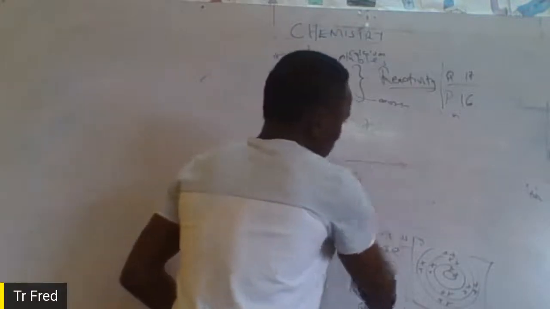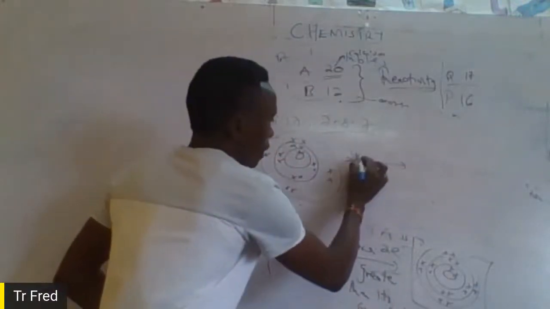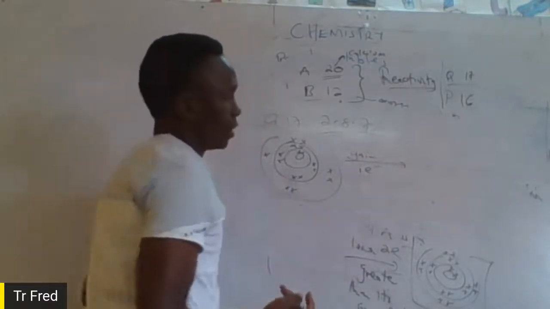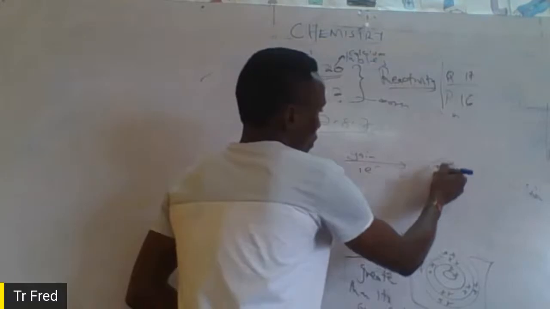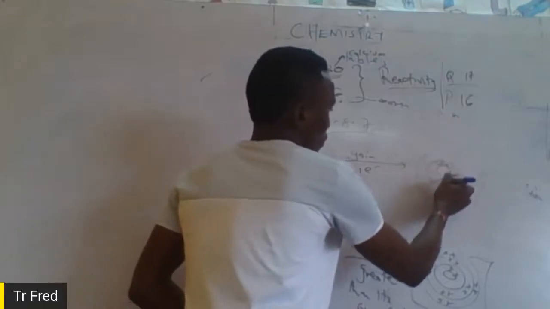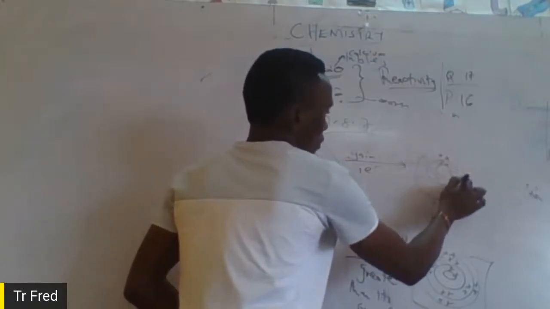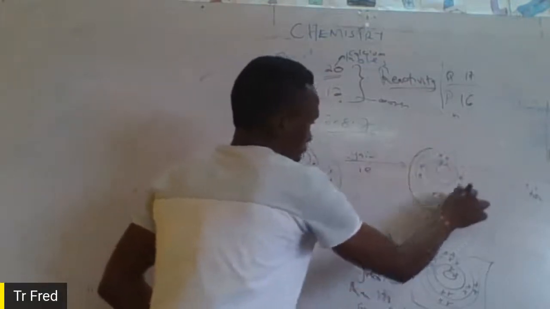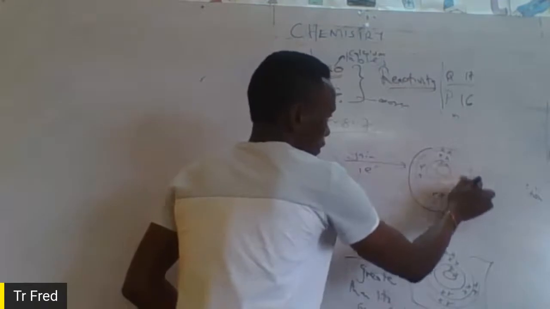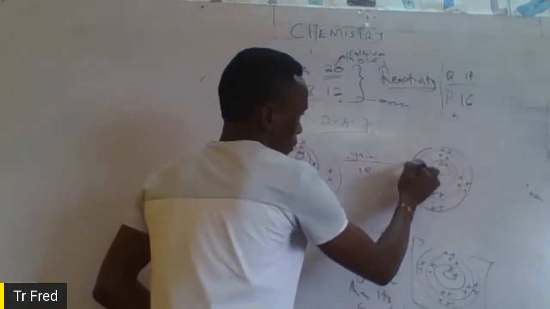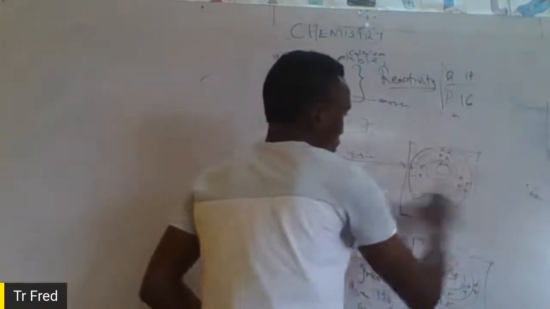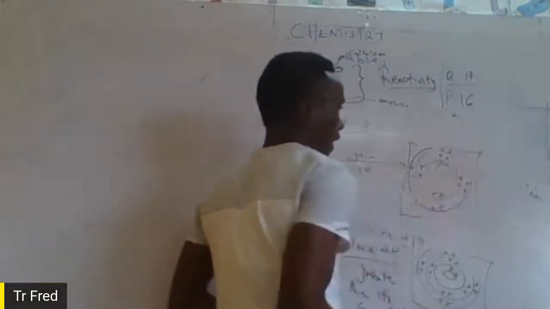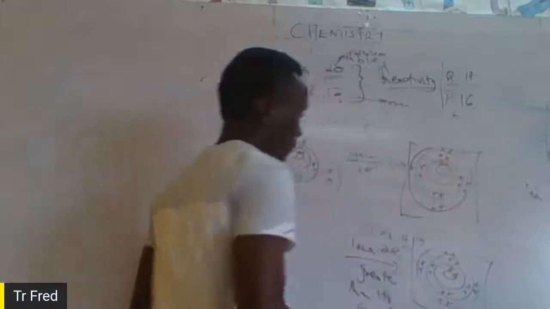So when it undergoes formation of an ion, it gains 1 electron, forming an ion which has this representation. Since it has gained only 1 electron, the overall charge will be negative.